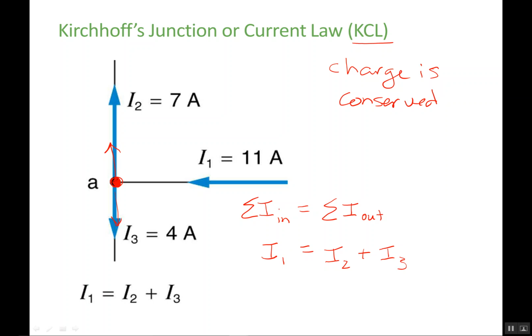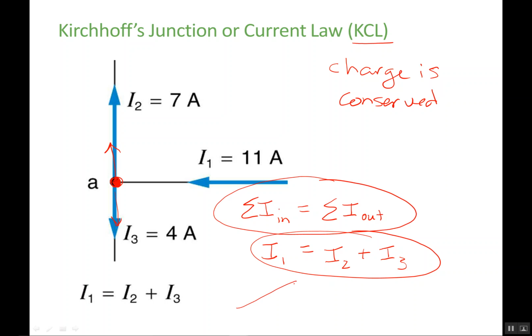So Kirchhoff's current law, or Kirchhoff's junction law, KCL, allows us to write down algebraic expressions for the currents flowing into and out of junctions in circuits. This is the general statement of what the law is all about, and this is what the application of this law looks like for this particular circuit right here.